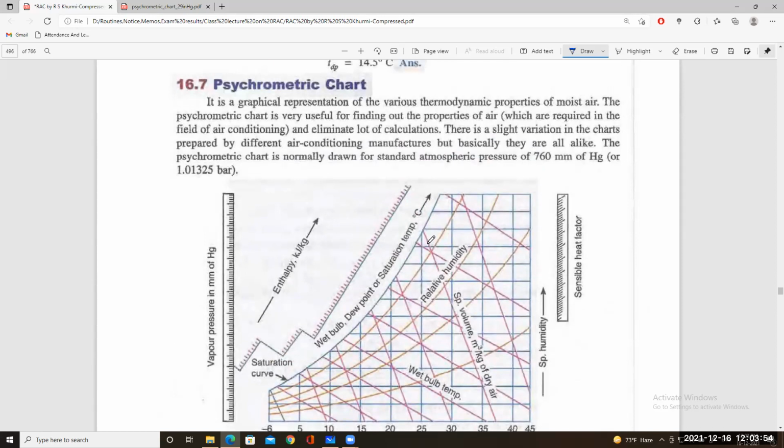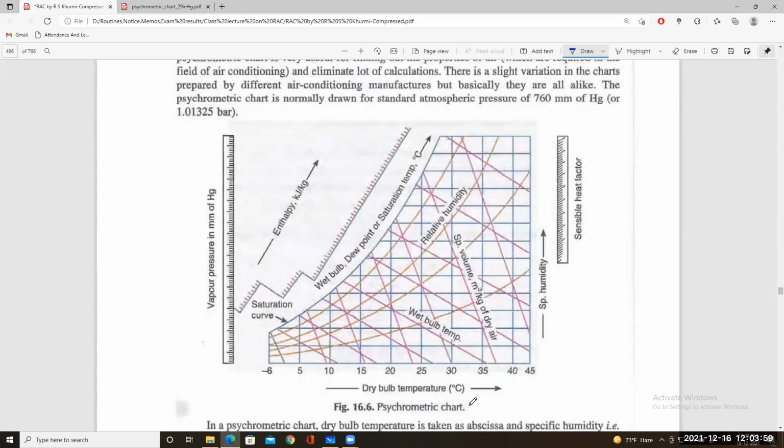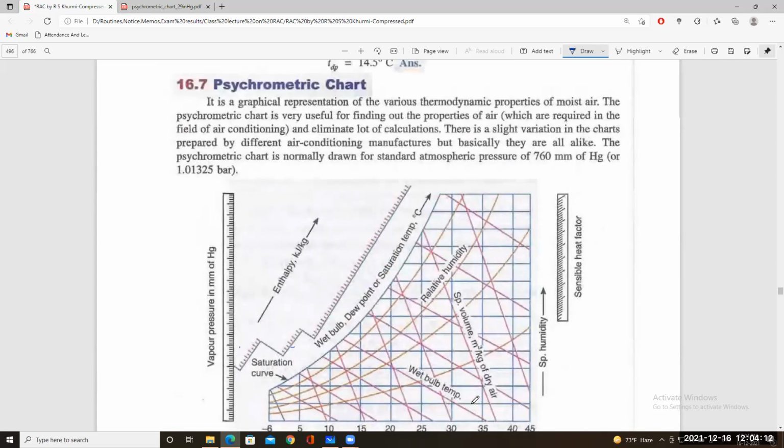You see specific humidity and dry bulb temperature, which are important, sensible heat factor, wet bulb temperature, dew point, saturation temperature, enthalpy on the scale, and vapor pressure in millimeter Hg. It is useful for finding out the properties of air, and it eliminates a lot of calculation which is not required in the field of air conditioning.